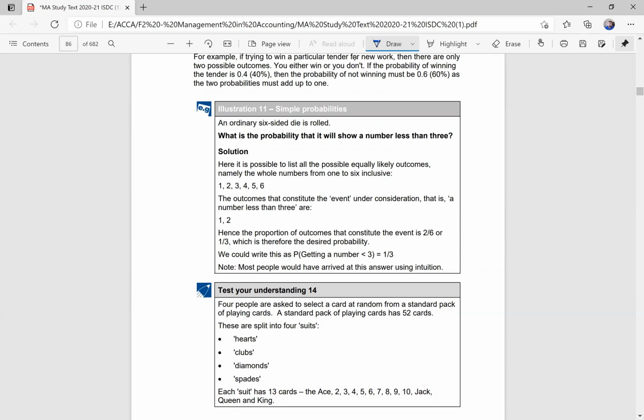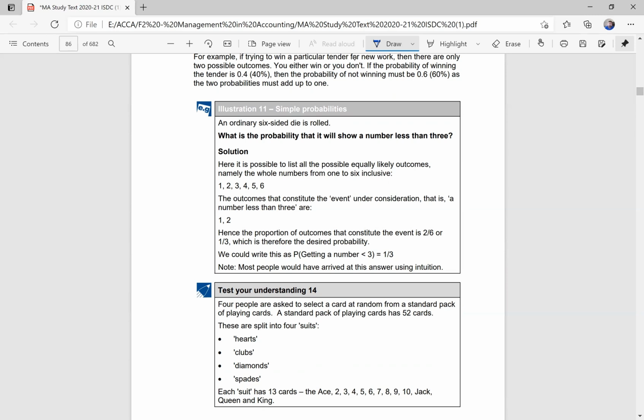Because on a die there are six numbers, and every number is written once only. So anything less than 3, there are only two chances: number 1 could occur or number 2 could occur. So the probability is going to be 2 over 6, which you further simplify and it becomes 1 over 3.